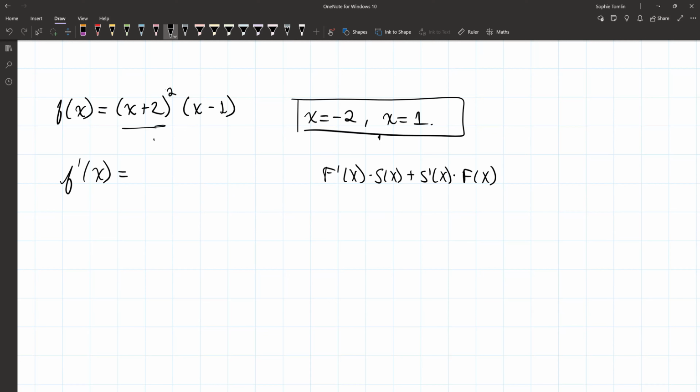And so for our first one here, we have that f prime of x is going to be equal to 2 times, then the inside is untouched, then this exponent, we subtract 1. So there would be a 1 here, but you don't really have to write that because that's the same thing.